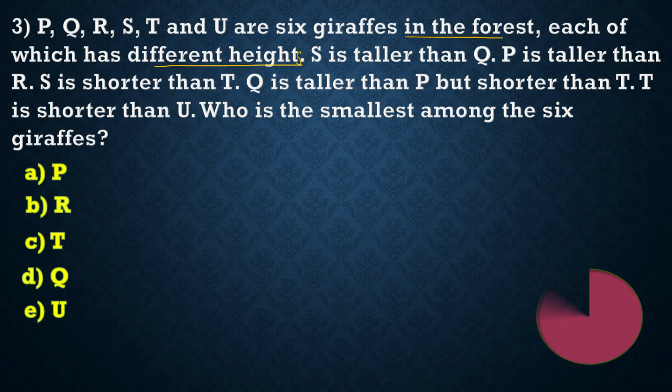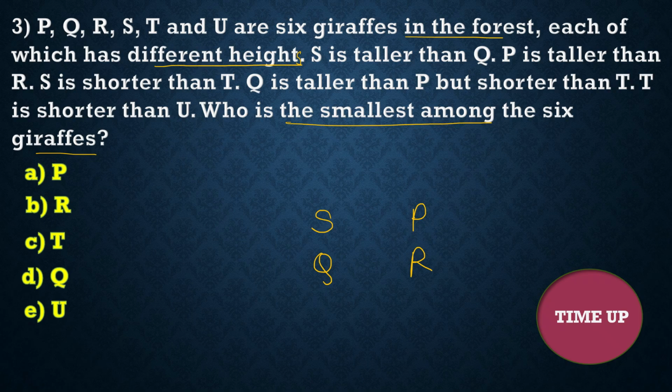S is taller than Q, P is taller than R. So this is what I was saying. Passage type question will appear. Who is the smallest among the 6 giraffes? Smallest we want. S is taller than Q. P is taller than R.